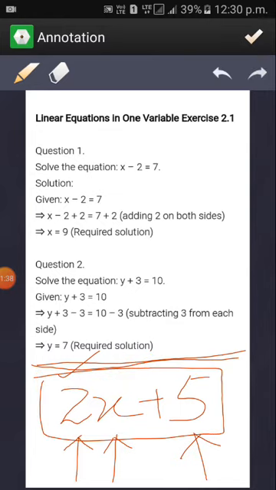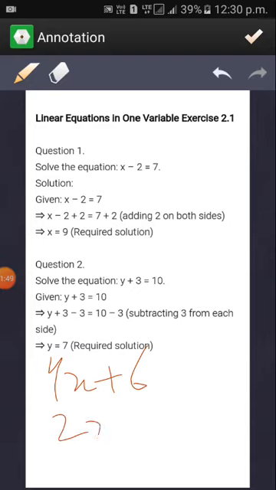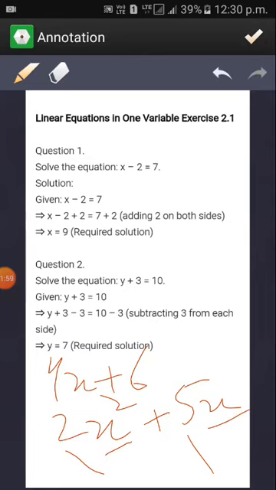This is clear to you? 2x plus 5 is an algebraic expression. 4x plus 6 is an algebraic expression. 2x square plus 5x is an algebraic expression because it involves constants and variables separated by the plus sign, or there you may have minus sign or division, etc.